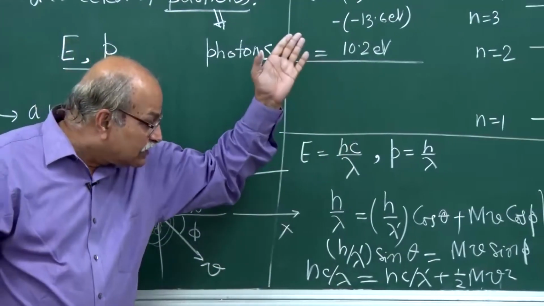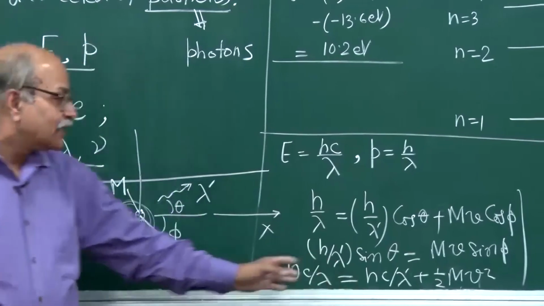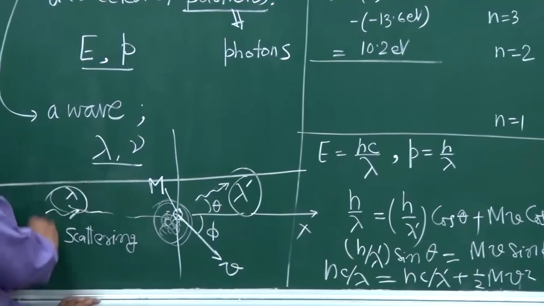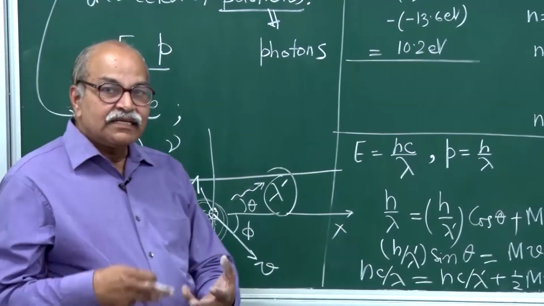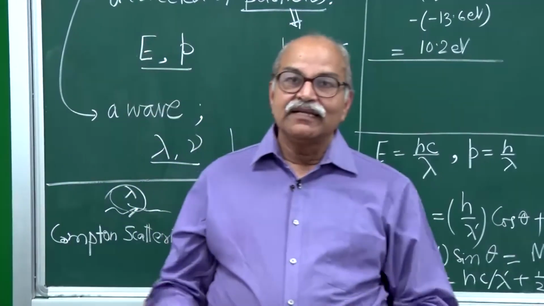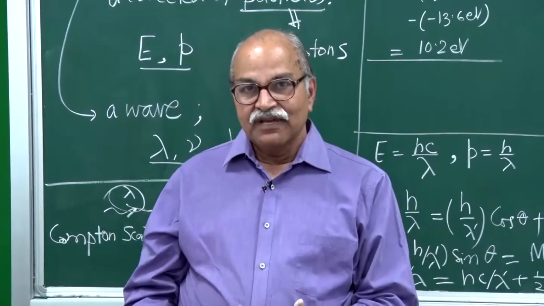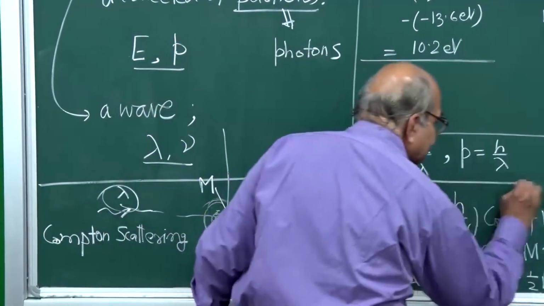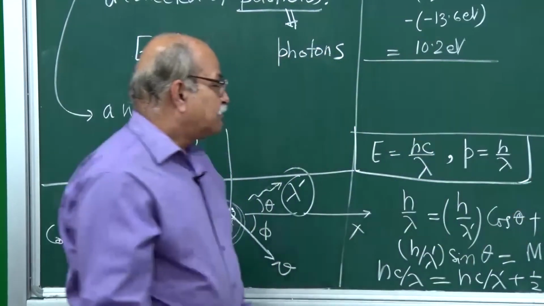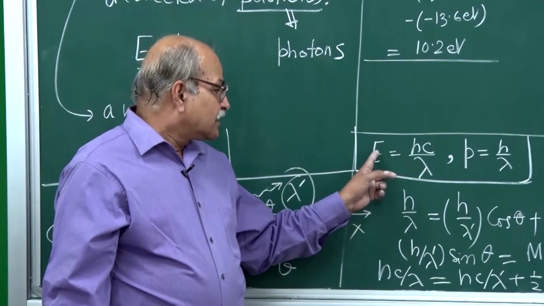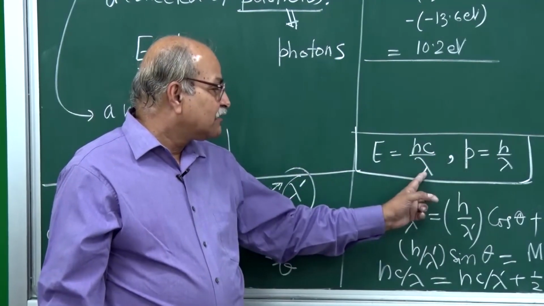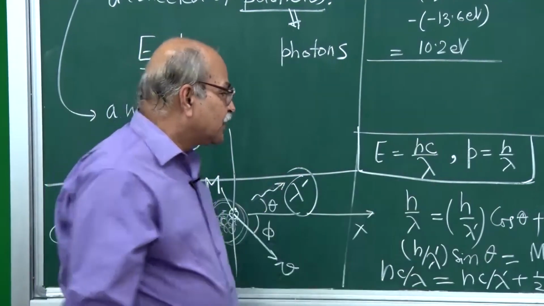And when you solve these equations, you get the correct observed relation between this lambda prime and this lambda. So light can be treated as a particle, light can be treated as a wave, and the relation is given by these equations. The particle characteristics, energy and linear momentum, are related to the wavelength lambda or frequency.